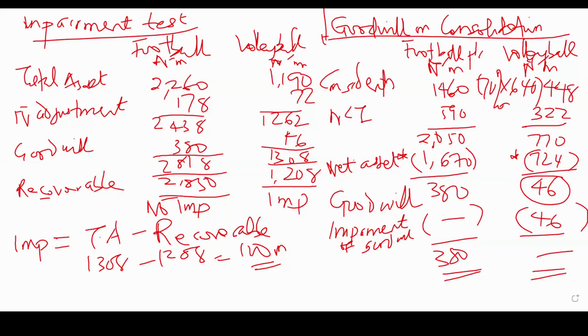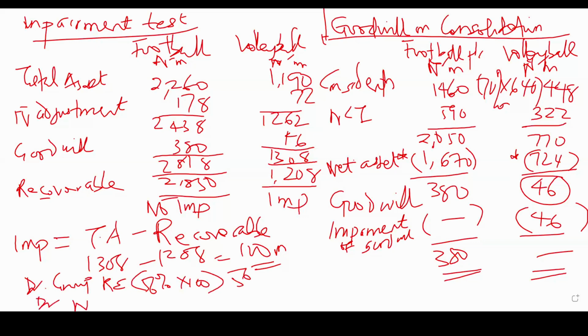But I will come here and say, all right, no wahala. This 100 million impairment will be shared between NCI and parents. So I'll debit my group retained earnings. Don't forget that we have an indirect interest in volleyball to the tune of 56%. We'll debit this 56 million.